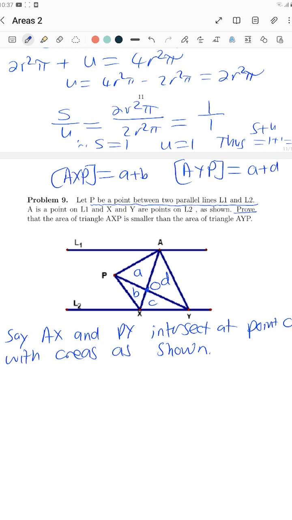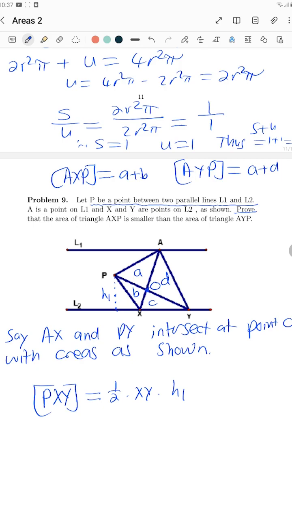Well, the thing here is to focus on triangle PXY. Focusing on triangle PXY, we know that its area is going to be a half base, so let's use the base XY, times its vertical height. Let's call that vertical height, as indicated in this diagram, H1.